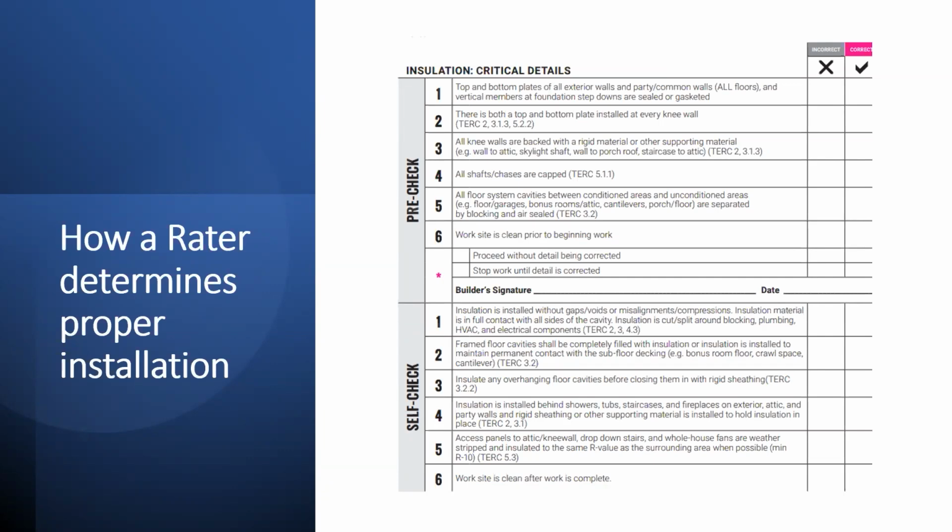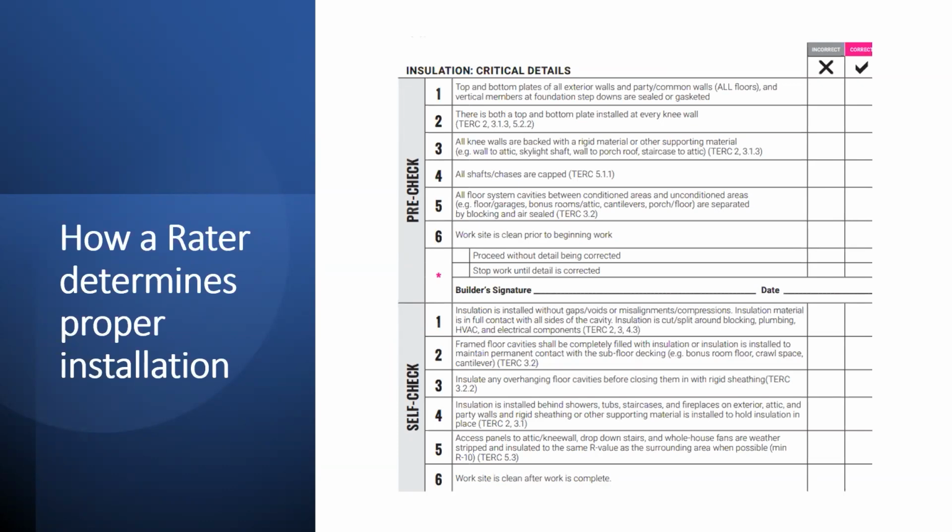A great way to ensure consistency, though, is to create checklists like this. This came directly from Owens Corning. It basically shows a pre-check and then a self-check. It's looking at insulation criteria details: top and bottom plates of all exterior wall and party common walls and all floors, and vertical members at foundation step-downs sealed or gasketed.